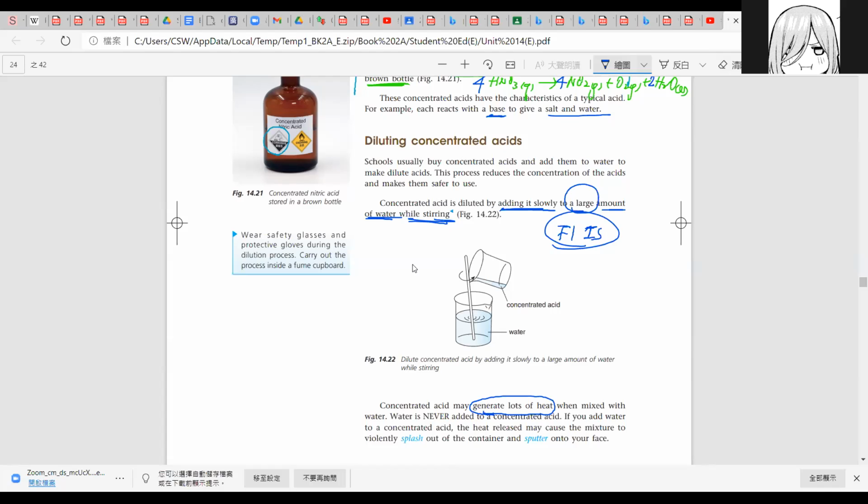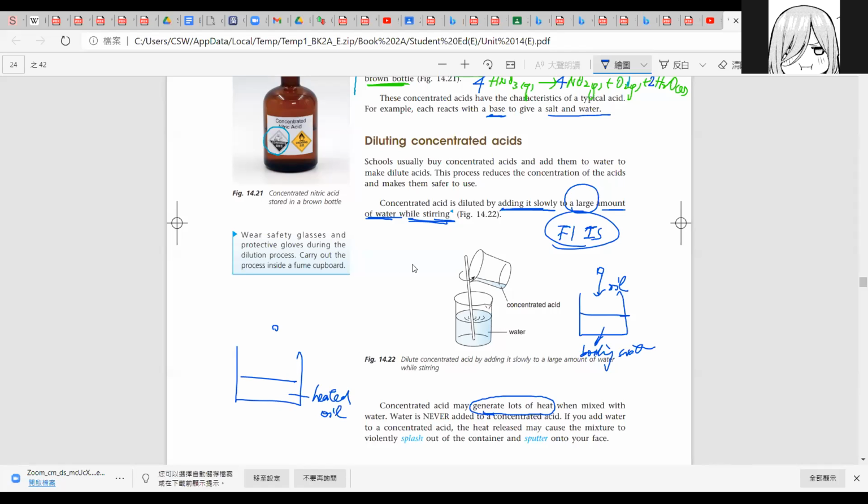I can give you an analogy. If I do it in reverse, concentrated acid put into water is like having a large amount of boiling water, and I put in a drop of oil: no response. But if you do it in reverse, what will happen?